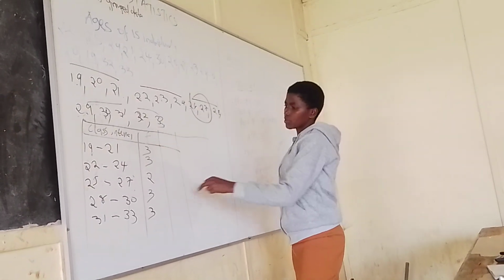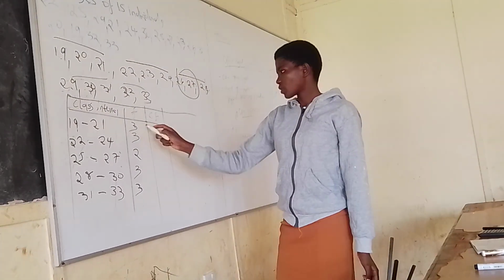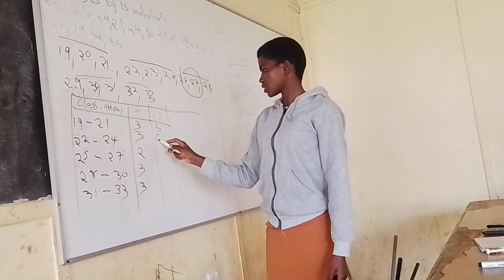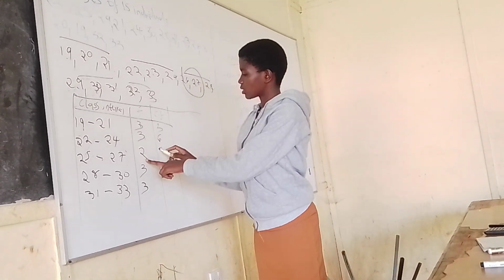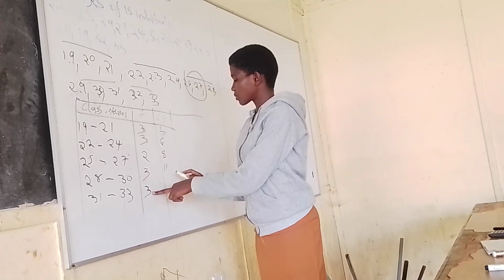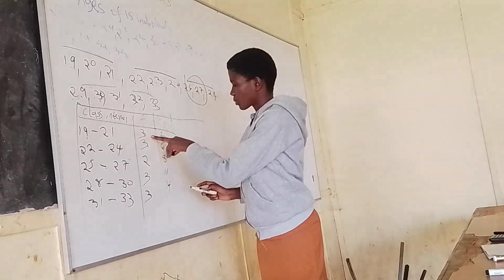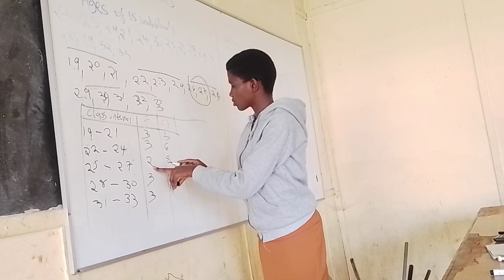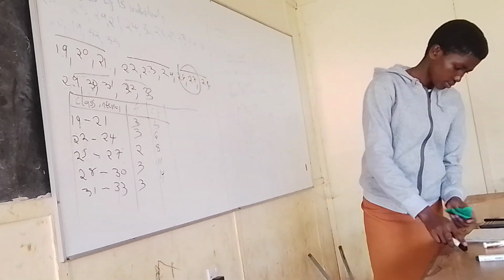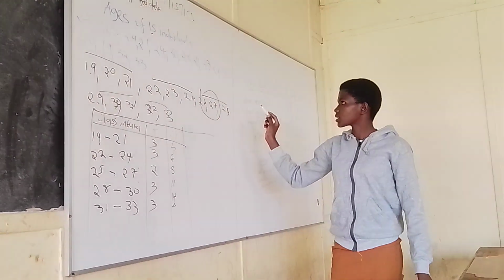After finding the frequency, you find the cumulative frequency. Here we have 3. You add 3 plus 3, you get 6. 6 plus 2 is 8. 8 plus 3, 11. 11 plus 3 is 14. There is one number which is missing.